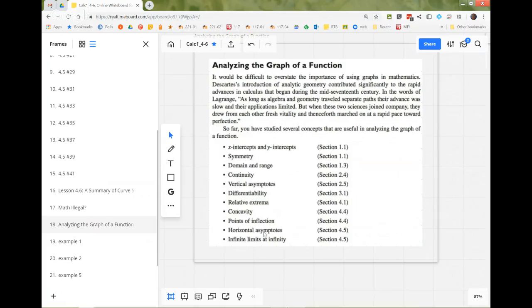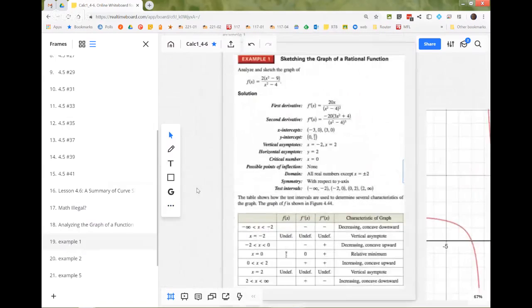We really just talked about horizontal asymptotes and limits at infinity. You put those all together and you really get some interesting information. Even if you have no idea how to graph something, you put all those clues together and you can do a pretty good job. So let's dive in. Here's our first example.